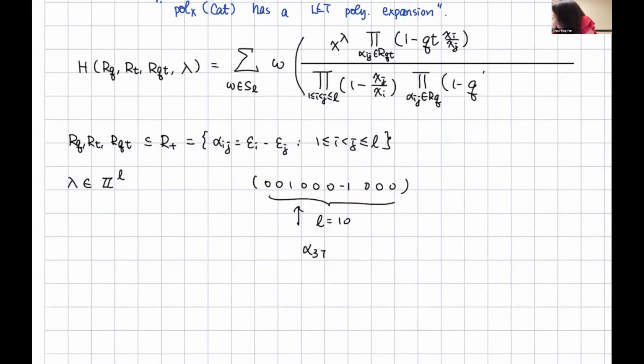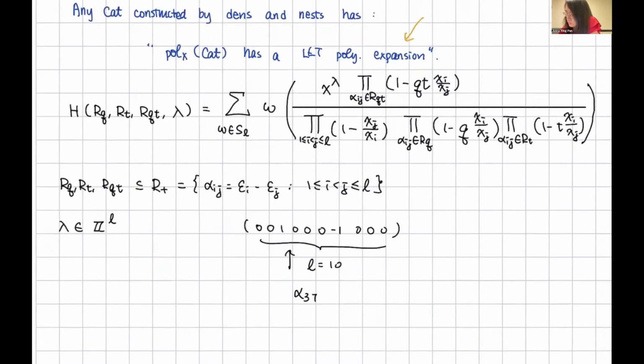So that's the q-part, and then alpha ij in RT, 1 minus t xi over xj. Okay. So that's the cat. So this is our cat here.